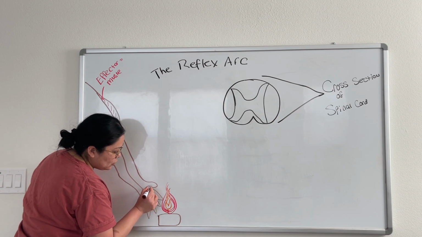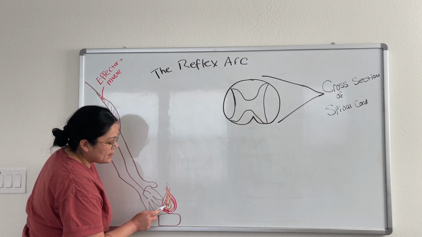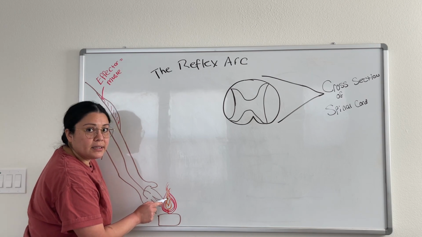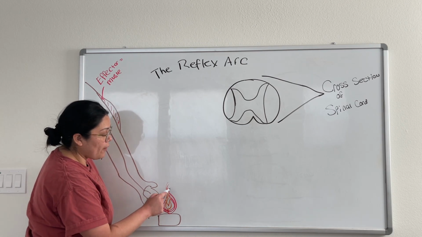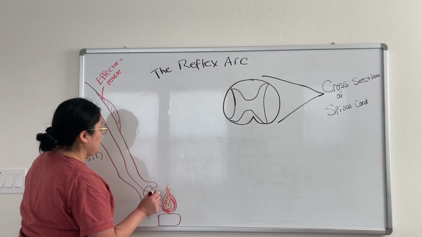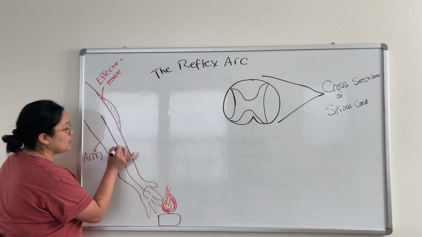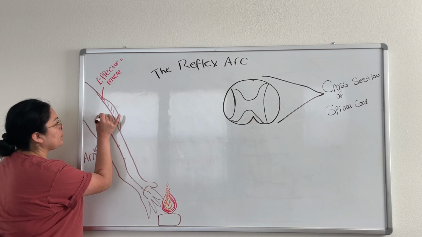These dendrites are going to interpret the sensation of pain from this fire touching, okay? It's going to interpret that pain, and it is going to send that signal up here.